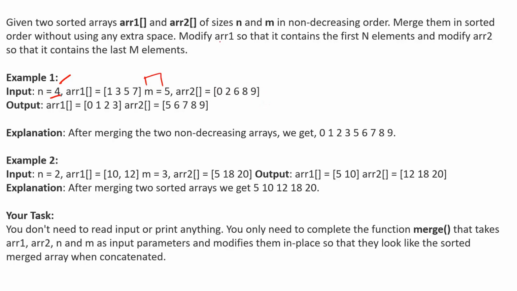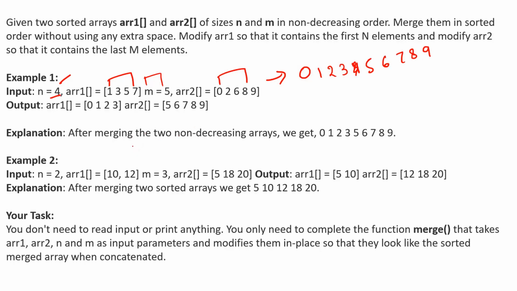So according to them, you have to modify ARR1 so that it contains the first n elements of the sorted array that you are expected to get, and ARR2 will be having the last m elements. So if we are combining these two arrays, the sorted array should be 0, 1, 2, 3, 5, 6, 7, 8, 9.